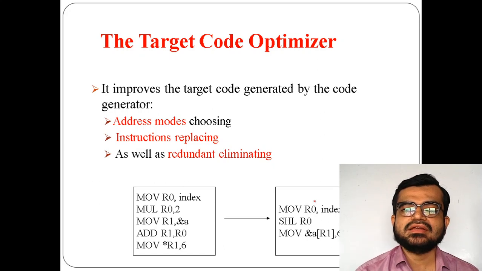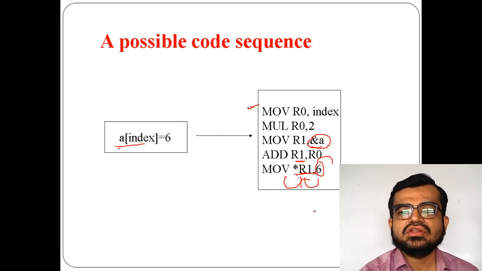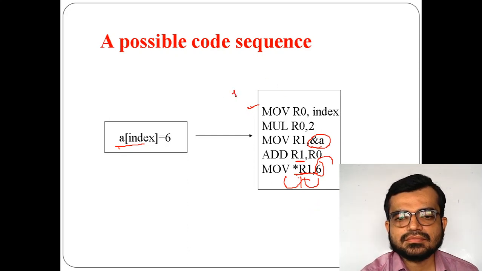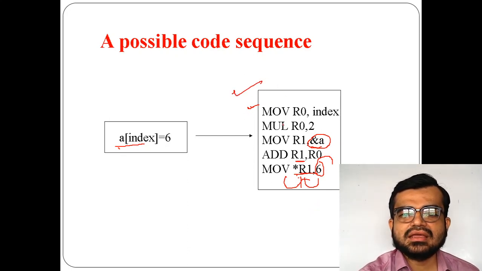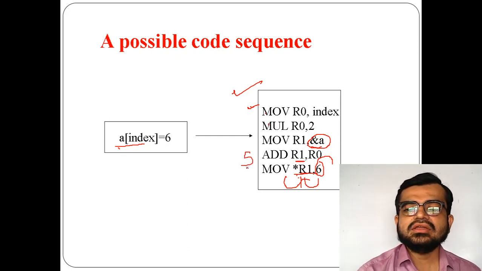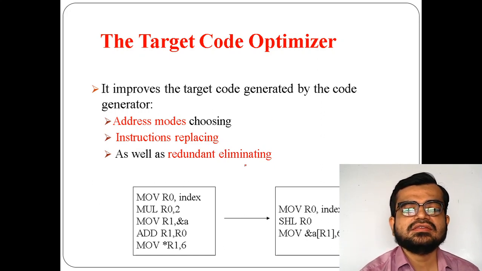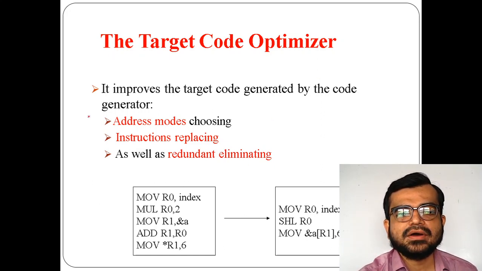Target code optimizer: this is the code which you have achieved. Now the number of instructions, for example, according to this example is 5. Now in order to reduce or optimize, we are using the target code optimizer. The first thing is choosing a proper addressing mode.